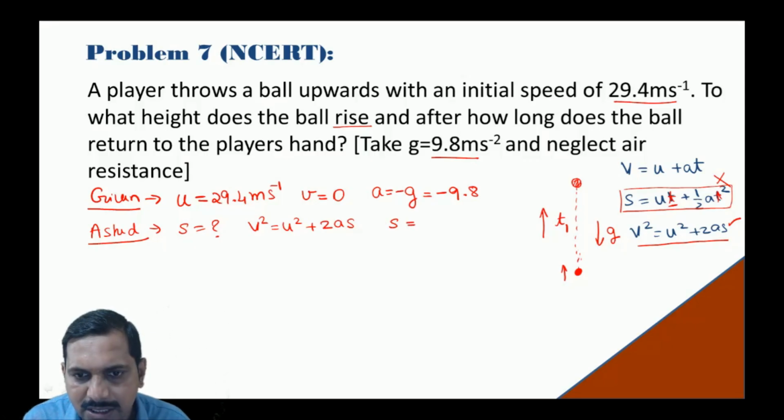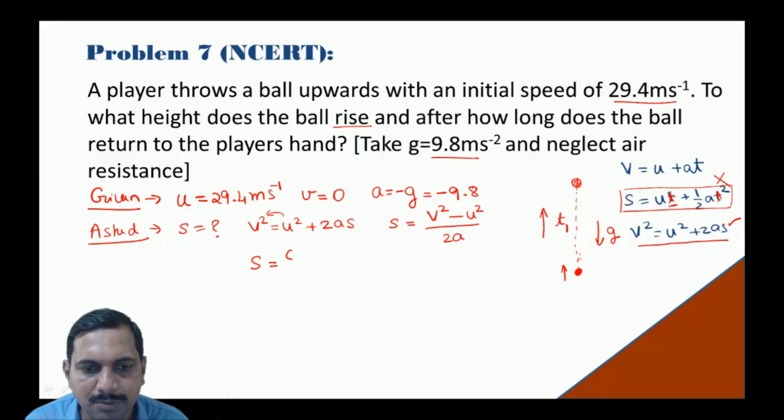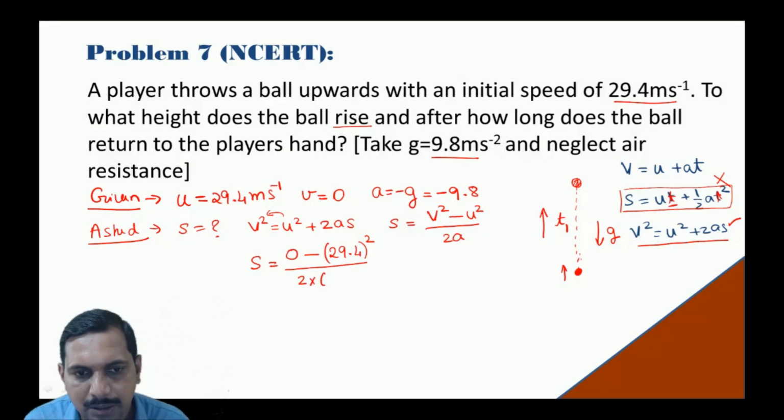Now what is s here? s can be written as v square minus u square divided by 2a, because u goes to the other side and becomes minus, and 2a comes downwards. Let us substitute. s is equal to, instead of v we substitute 0, minus, instead of u we substitute 29.4 square, divided by 2 times the acceleration, minus 9.8.